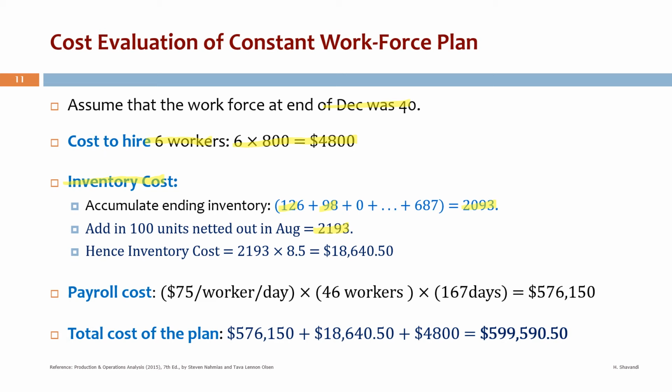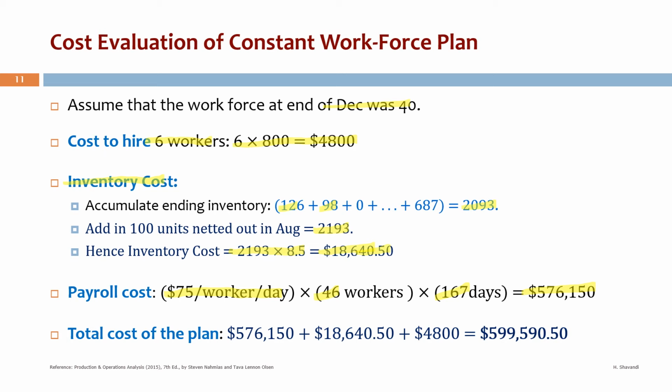Now if we multiply this by 8.5, this will be our total inventory holding cost here. And for the payroll, $75 per worker per day: we do have 46 workers and 167 days here. So this will be the total cost of payroll.